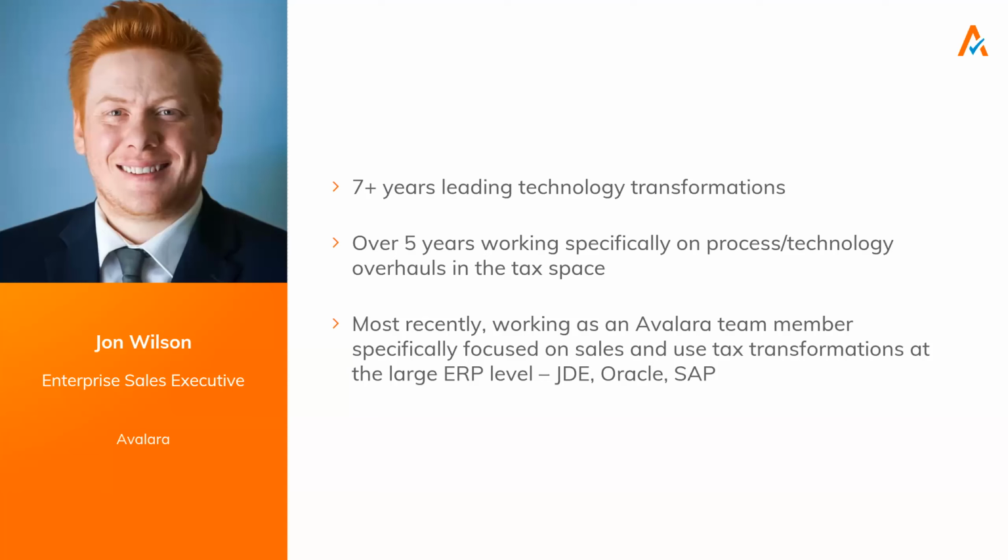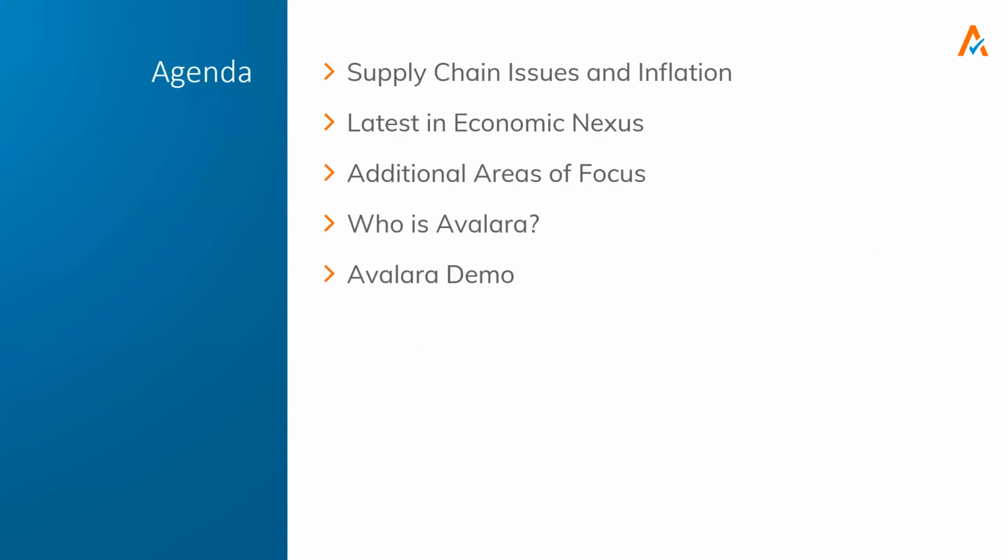As mentioned, please feel free to send any questions you guys have today in the chat. We'll try to cover those as we can, but if there's anything we miss after the fact, we can certainly come back to those as well. In terms of agenda, first I'm going to touch a little bit on supply chain issues and inflation, some of those items, how they impact tax compliance and obligation.